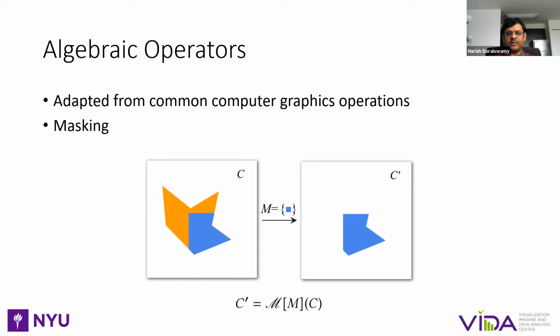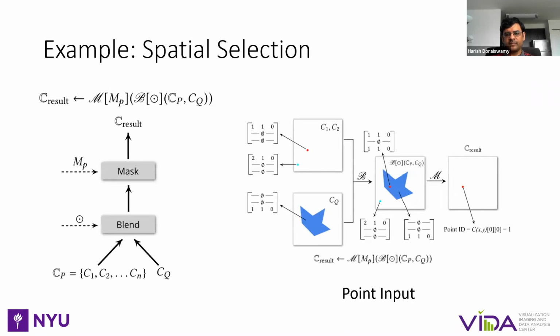To show how these operators can be translated into spatial queries, let's look at the earlier example of the spatial selection of points again. This query can simply be accomplished by doing a blend followed by a mask. What's essentially happening here is that the query polygon and the points are first blended together, and then a mask is applied based on the query polygon to get the required result.